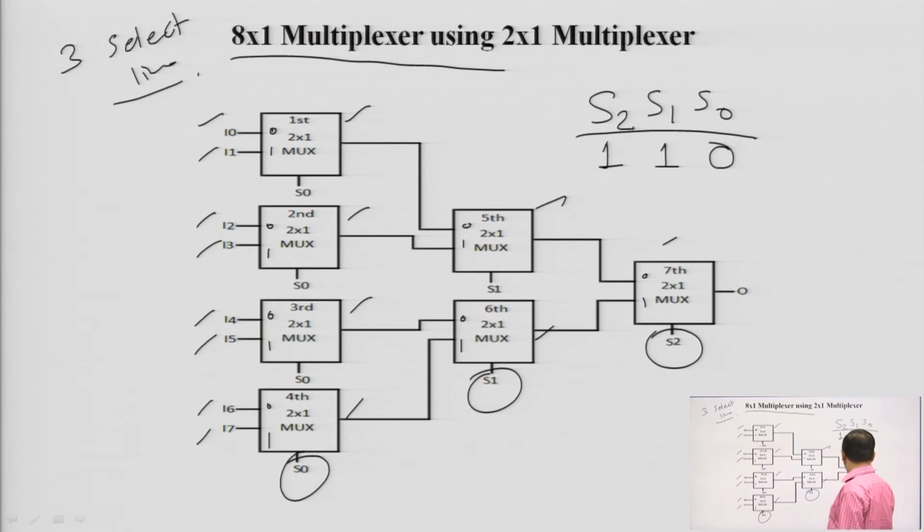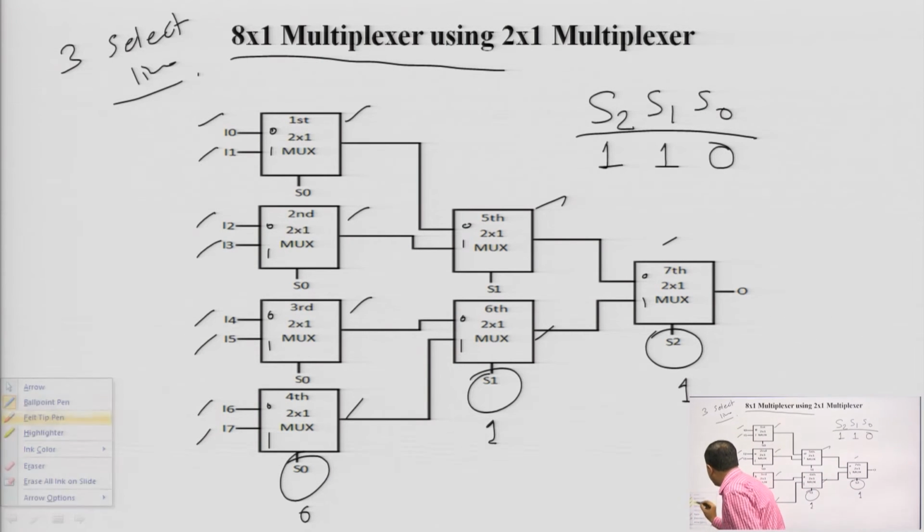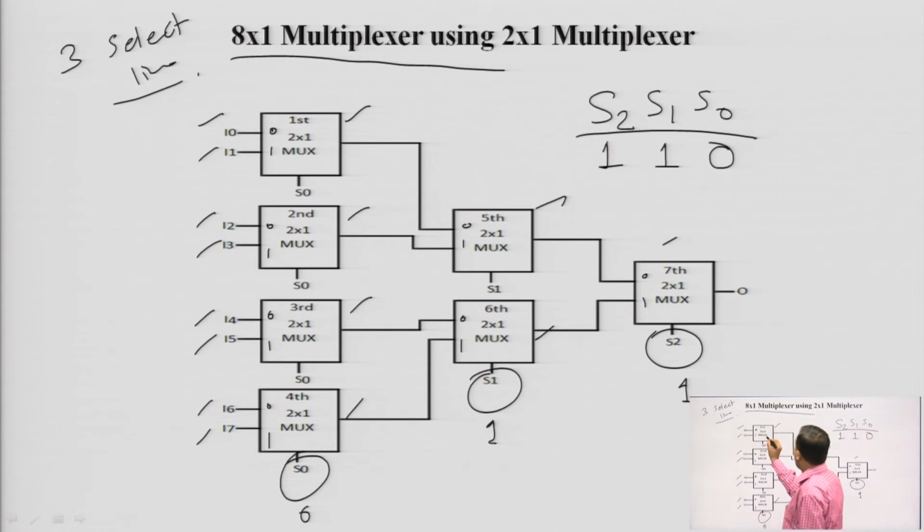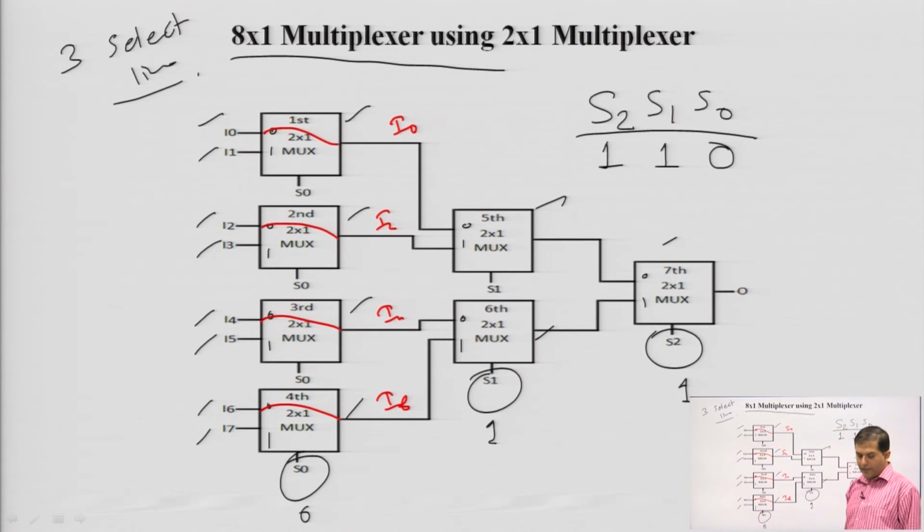So, S2 is 1, S1 is 1 and S0 is 0. For S0 equal to 0, the outputs will be I0, I2, I4 and I6.